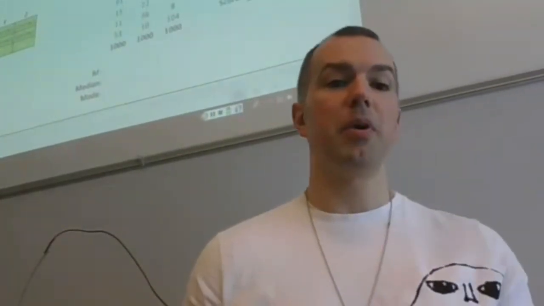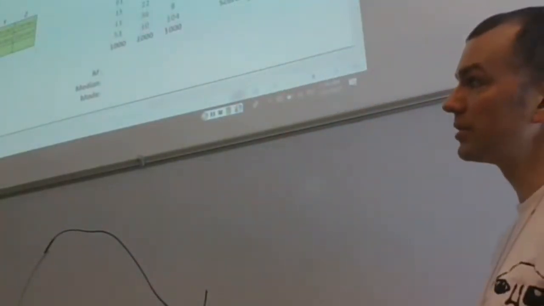So we type in mode, open parentheses, highlight those cells, close the parentheses, and we find out that the mode of the X scores is 15, nowhere near the median, nowhere near the mean. So let's calculate it out for the Y scores as well.